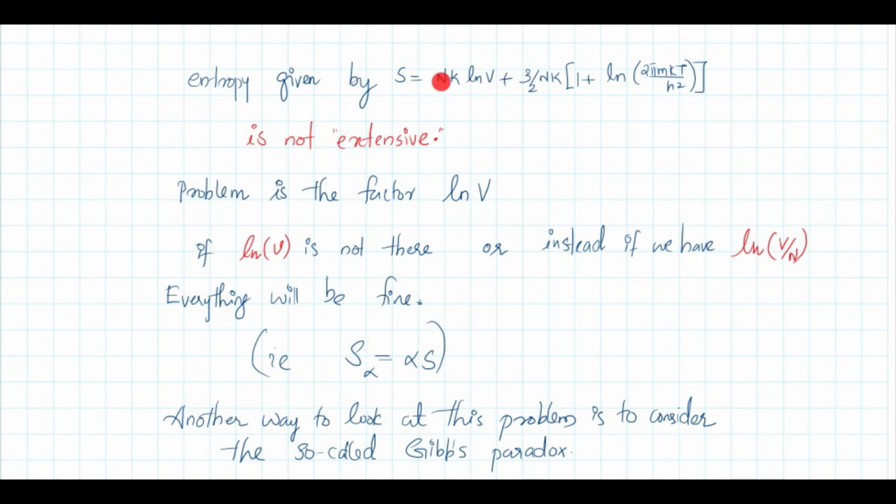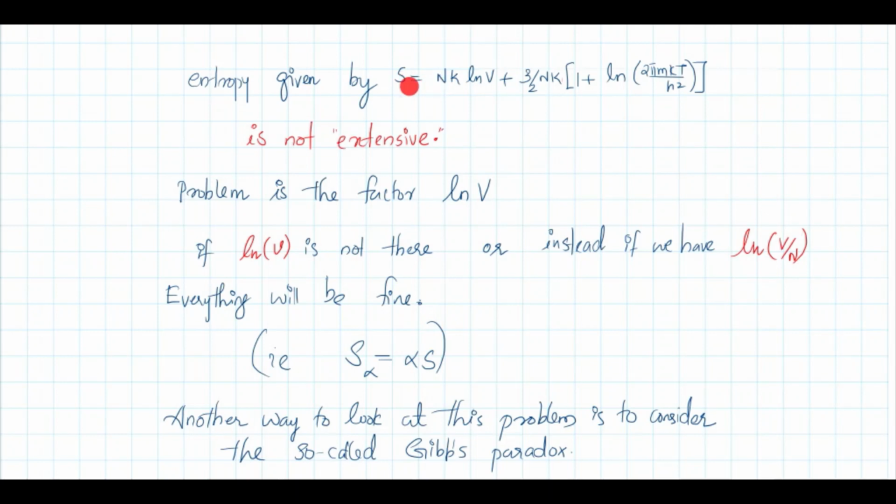everything is fine, because n will change to alpha n. This n will also change to alpha n. You can take alpha outside. That is, the new entropy will be alpha times the old entropy. The other option is, if there is a log V by n, when V changes to alpha V and n changes to alpha n, this log V by n will remain invariant, and due to the increase in n in the other places, you will get S as alpha times the old entropy.